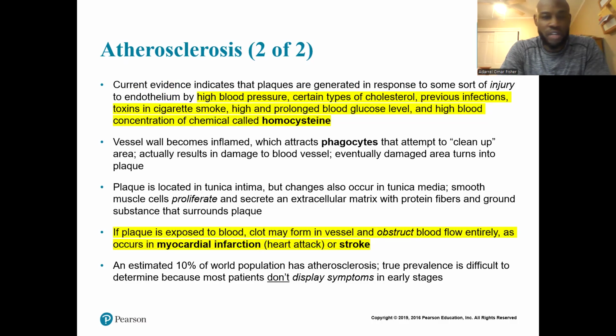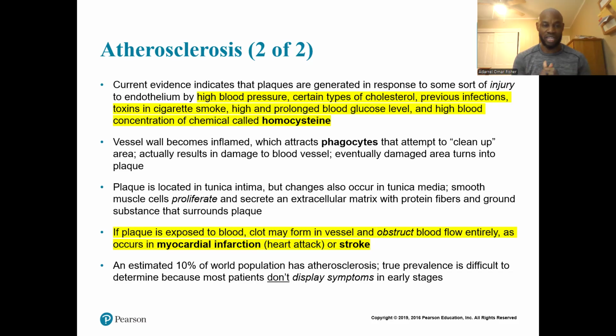This plaque can be generated by high blood pressure, cholesterol, infections, cigarette smoking, all things that they tell you not to do, right? Don't eat food high in cholesterol. Don't smoke. These things put you at risk for atherosclerosis and other types of heart diseases and problems in life in general.